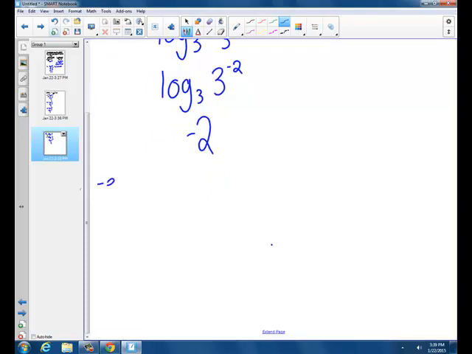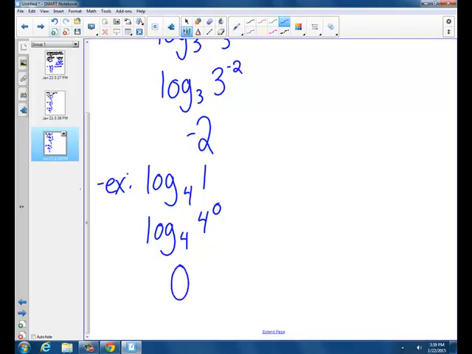Okay, last one. Log base 4 of 1. Now this one's a little tricky, but let's think, is there any way I can change this to 4 to some power? Remember, anything to the 0 power is always 1, so this works out. Replace 1 with 4 to the 0 power.